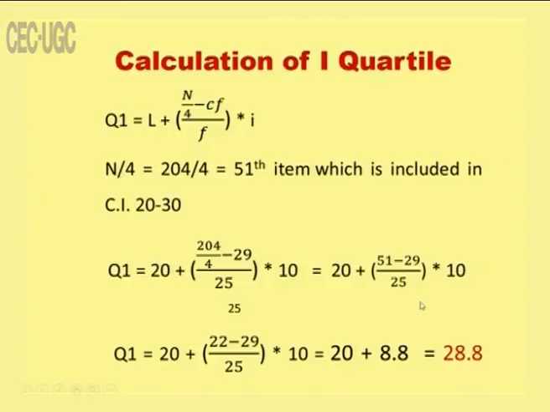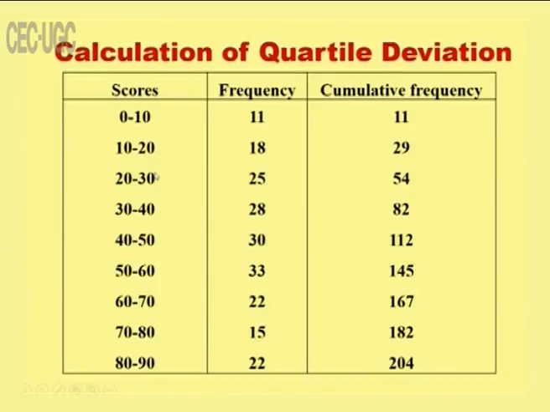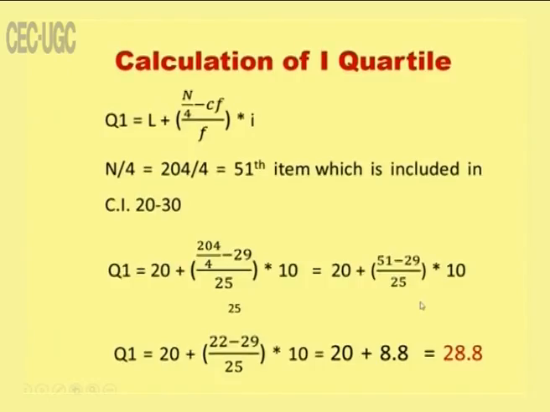If you put all the values, we are getting the first quartile as 28.8. You can check it also, because as we have already seen, the point is somewhere around 51, that is from 20 to 30, so it is exactly 28.8.